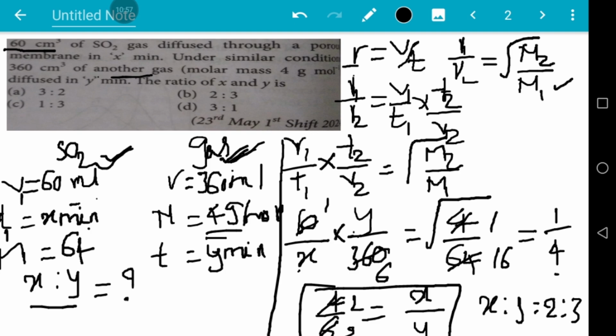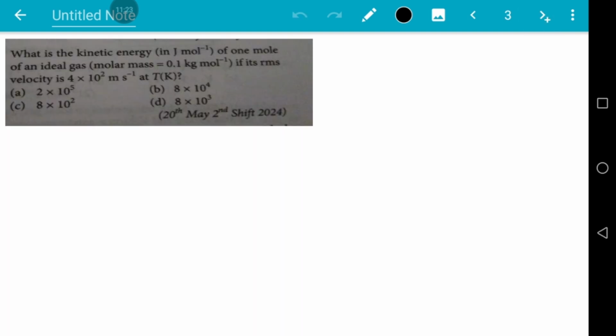We know one formula, rate equals volume by time. One more formula, rate is inversely proportional to mass, so R1 by R2 equals root over M2 by M1. Here R1 by R2 equals V1 by T1 into T2 by V2. This is the R1 by R2 value, and this is also the R1 by R2 value, so both will be equal. Substituting the values, you will get X is to Y equal to 2 is to 3. So this is the second question.